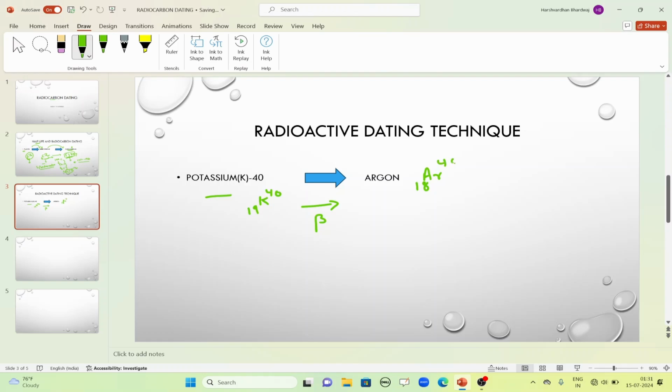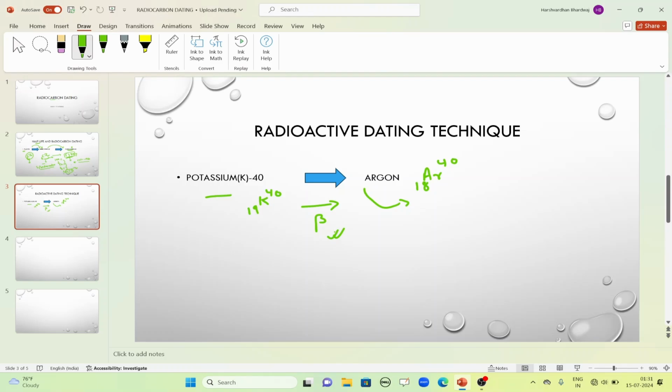The potassium is reduced to this stable form by beta decay. Argon is a gas and it is trapped in the rock as the potassium decays, and here is how the dating system works.